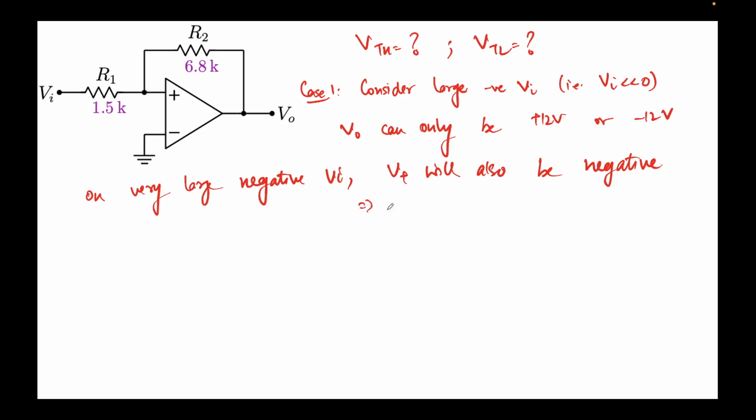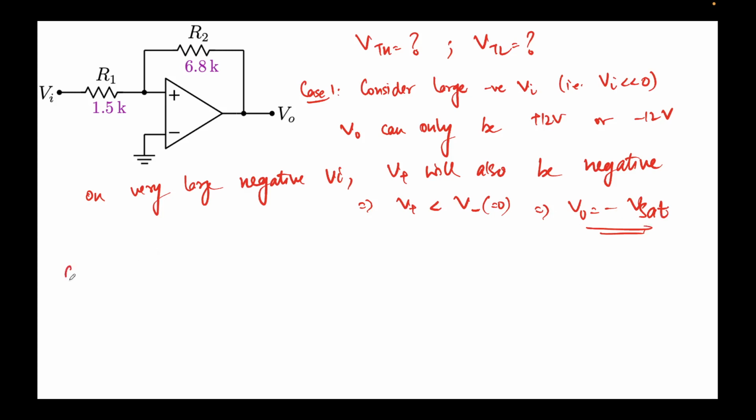From this I can say that V plus will be less than V minus, because V minus is 0, right? This implies V naught will be equal to minus V sat. This is how we'll see for a very large negative Vi, V naught will be minus V sat.